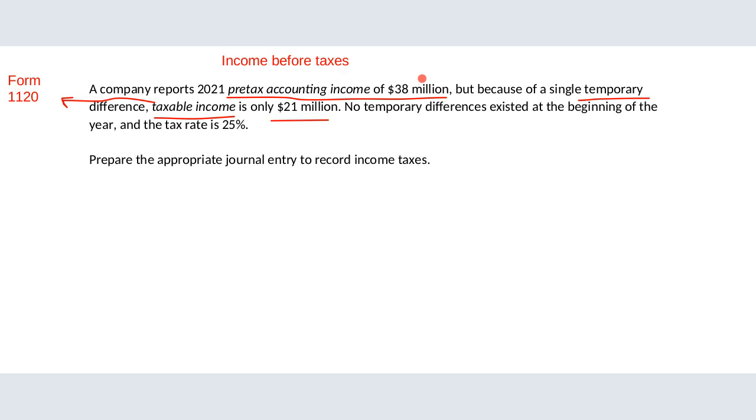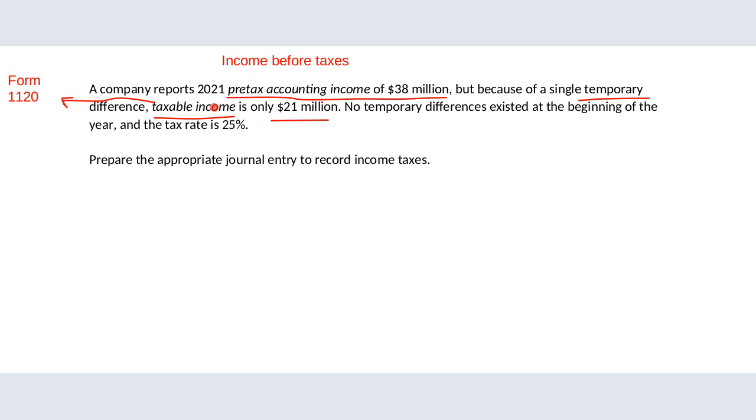It's going to affect future periods. Because it affects future periods, under the FASB codification we have to estimate these amounts, accrue them, and show them on our financial statements. The only items we're going to be analyzing and reporting on financial statements are temporary differences, not permanent differences.